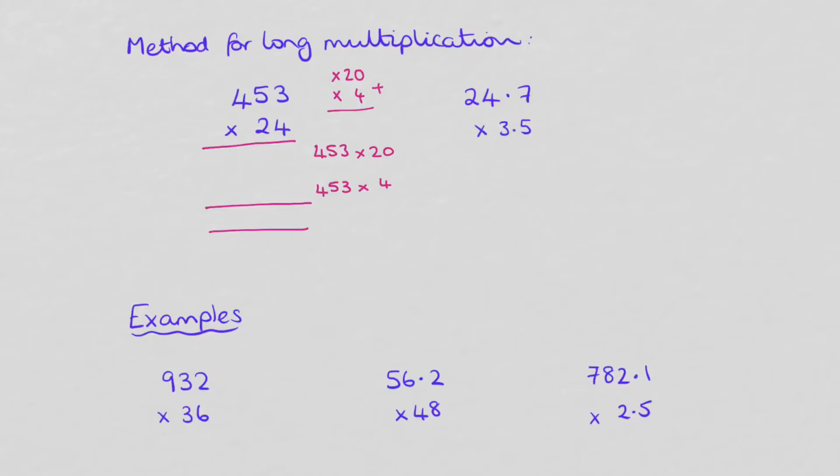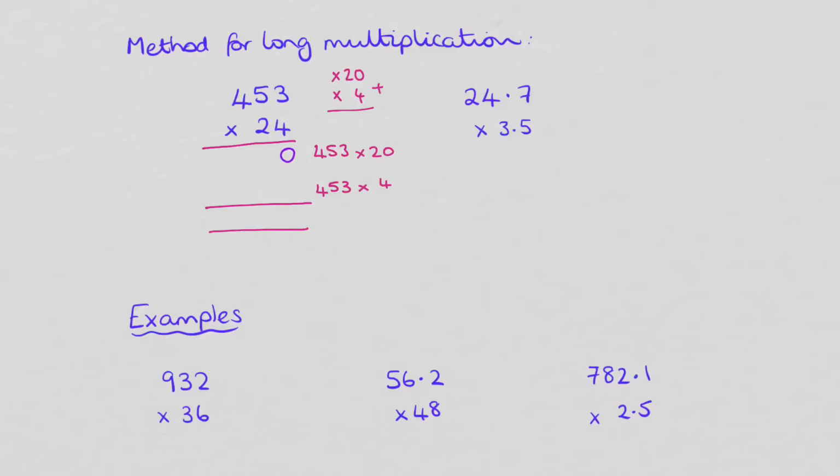To start with, we're going to do 453 times 20, but we know that to multiply by 20, if we're dealing with whole numbers, we can multiply by 2 and add a 0. So if we add the 0 to start with, and then for the time being, just ignore the 4. Pretend it's not there.